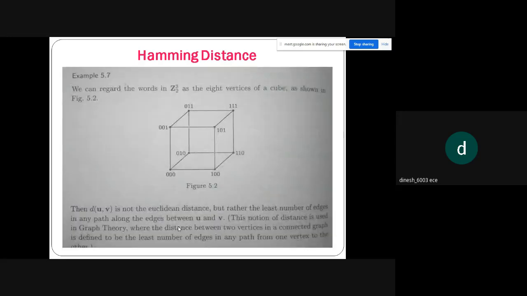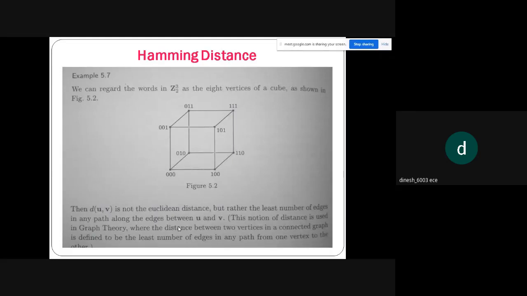For example, I have a vector with m equal to 3. If m is equal to 3, we will have 2 power 3 possible combinations, which is equal to 8.